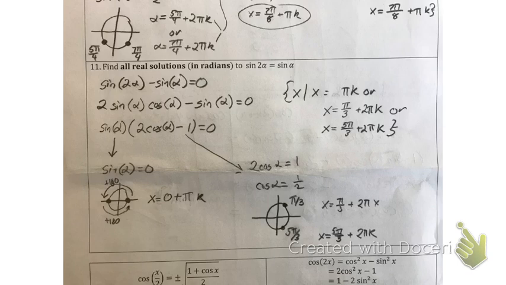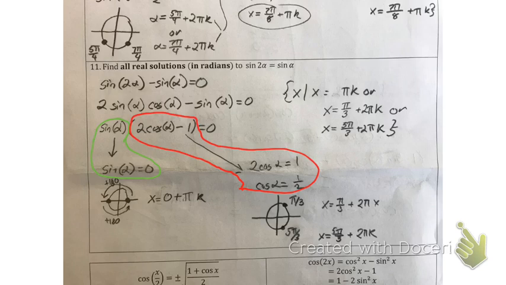Now I can factor out a sine alpha, and I can create that zero product property, where I have either sine alpha equals 0, or I have 2 cosine alpha minus 1 equals 0, which I simplified to cosine alpha equals 1/2. And from there, I think you can get it from there.